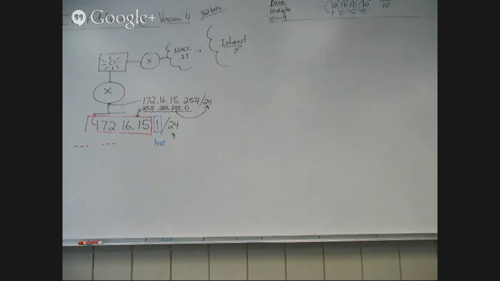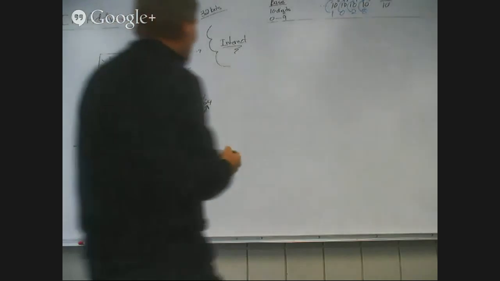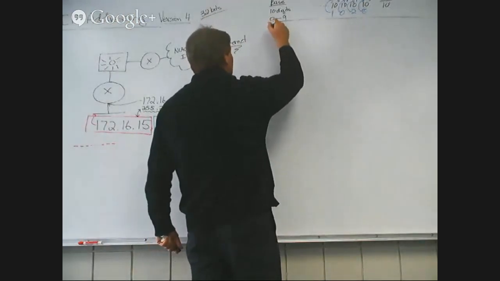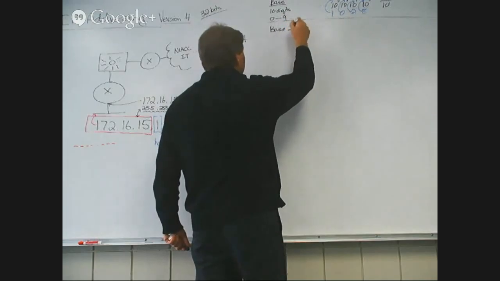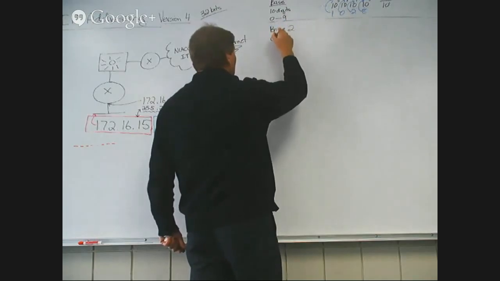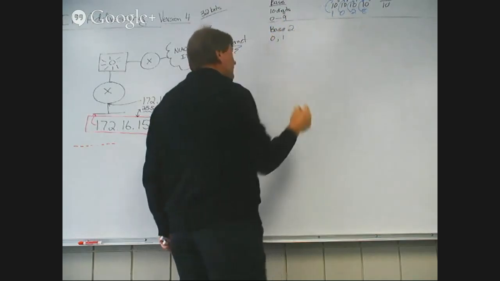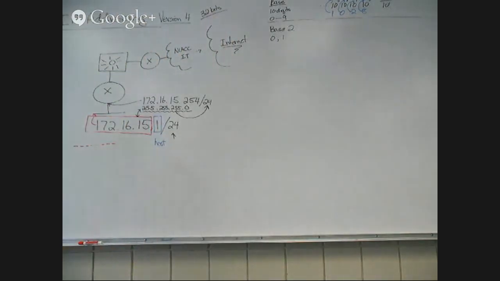Is electricity going this way or that way? Is it on or off? Anyway, they use base 2. They use the digits 0 and 1 to represent that. Either there's a mark or not. Base 2.